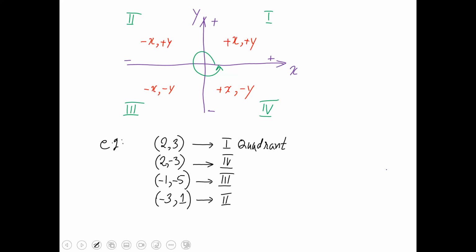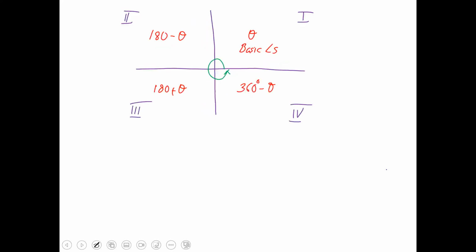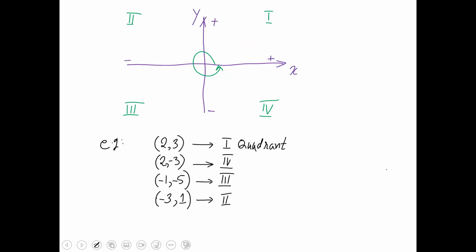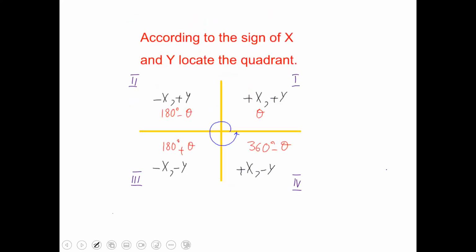In the first quadrant, x and y both are plus. In the second quadrant, x is negative. In the third quadrant, x and y both are negative. In the fourth quadrant, x is plus, but y is negative. Now you have to copy this screen.